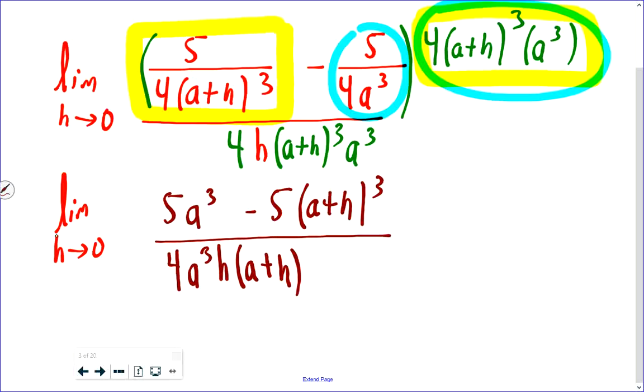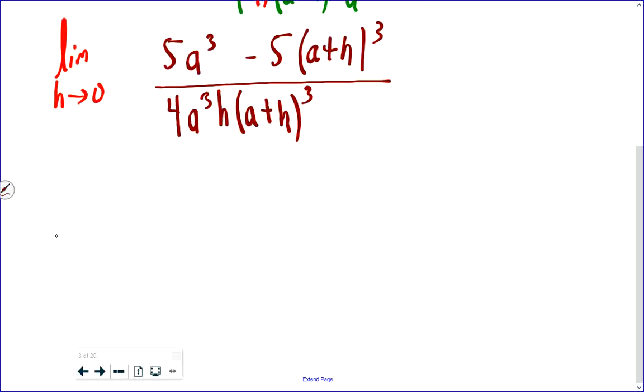And I know I keep moving these things on the bottom around to different places, but it doesn't matter where they are. Okay, I've got an h, I've got an a cubed, I got the 4, I have the a plus h cubed. So now what I'm going to do, Enrico, is factor 5 out of the numerator, being left with a difference of cubes. I'll show you what that looks like.